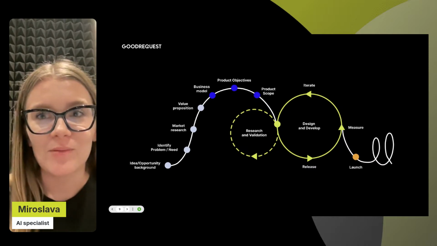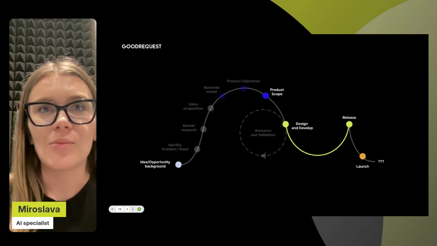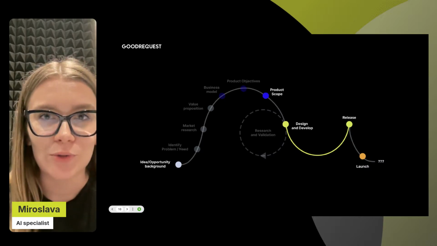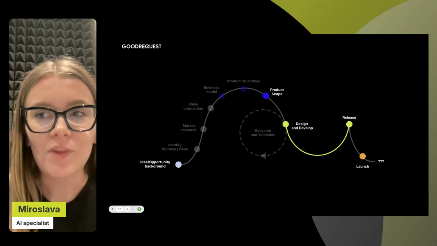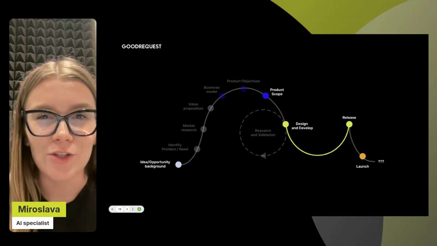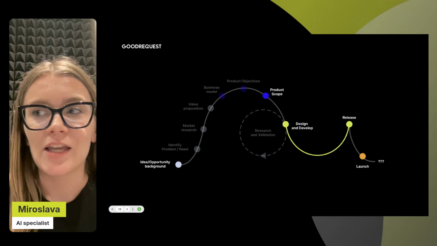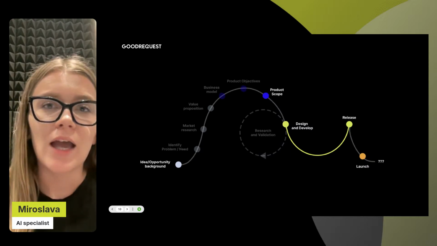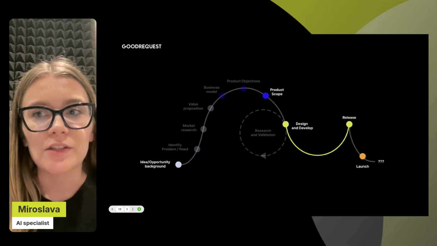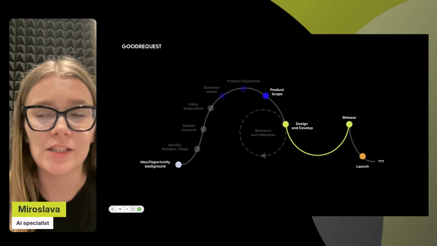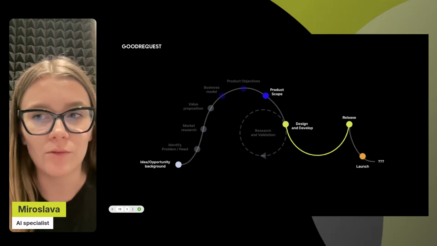This is how it should look, but most companies go directly from idea to implementation without doing proper consideration of how to build this product, and without making sure that they know their target group and the market. I kind of understand that, because doing market research and validation can take a lot of time, and it might slow you down.